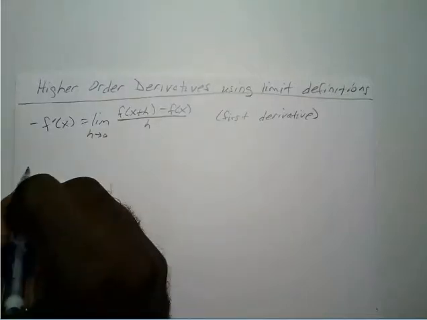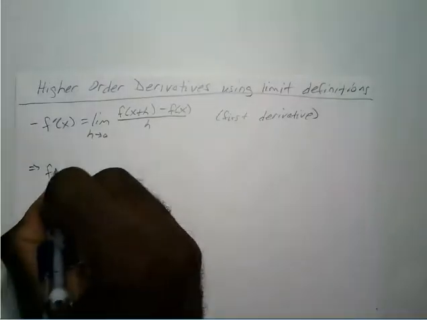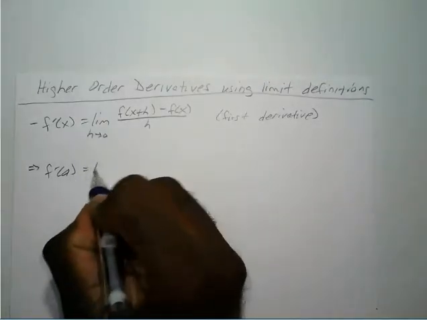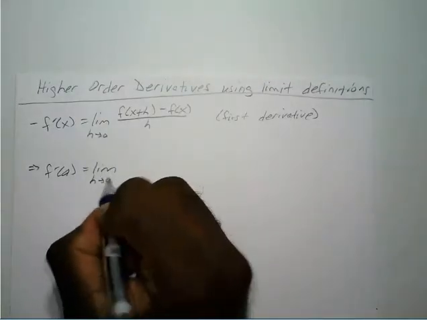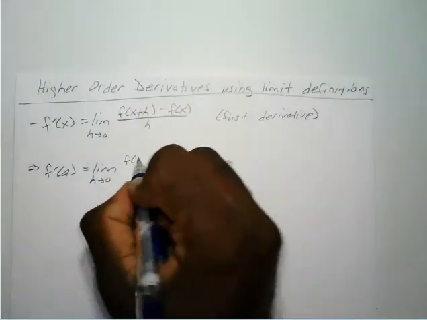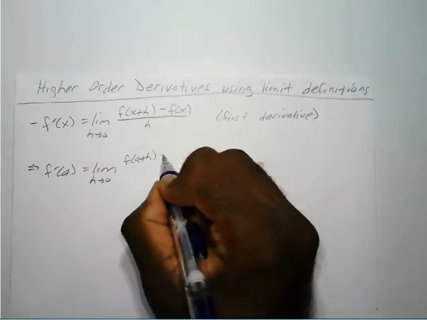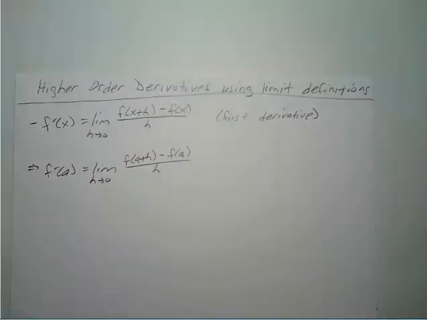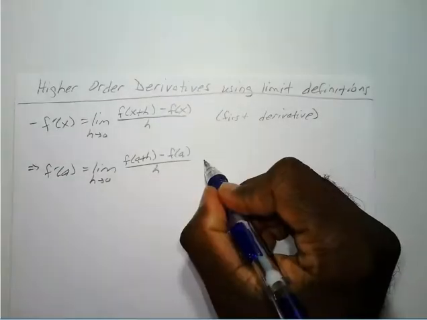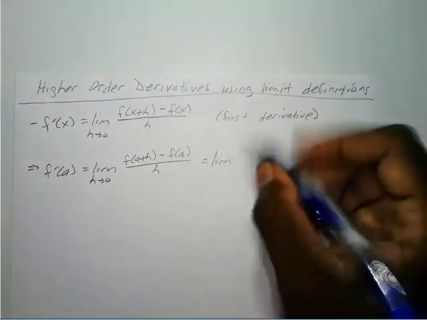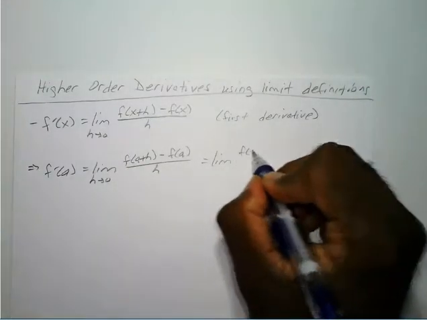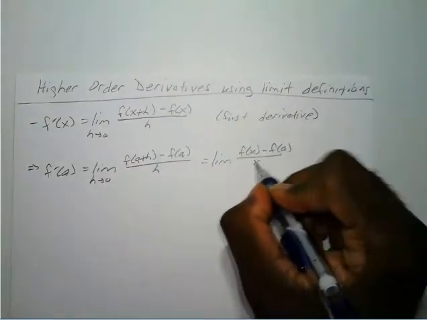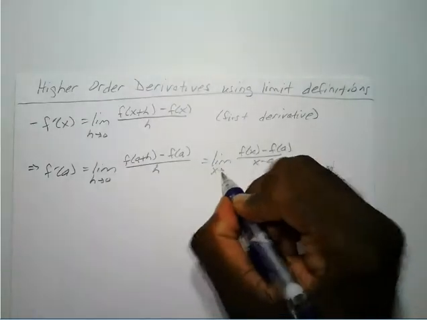Okay, now if you have, let's say, f prime of a, then that's going to equal the limit as h approaches 0 of f of a plus h minus f of a all over h, or you can have the limit of f of x minus f of a all over x minus a as x approaches a.